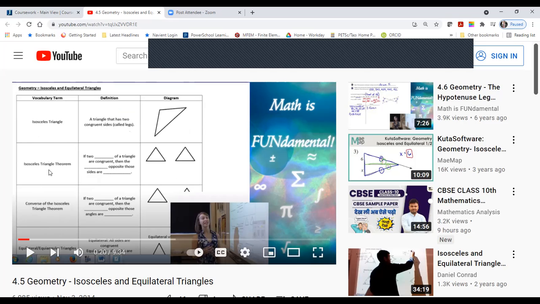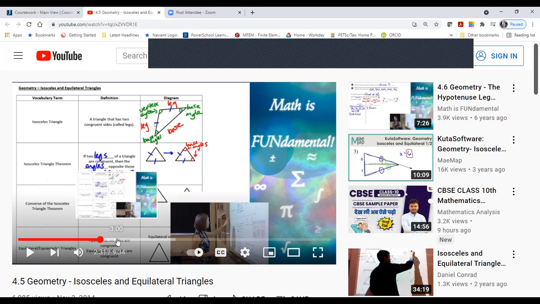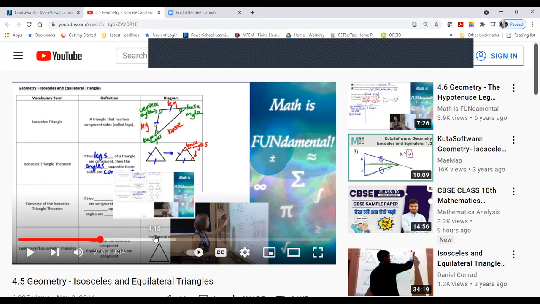And then we have the isosceles triangle theorem. If two sides of a triangle are congruent, then the angles opposite to those sides are congruent.